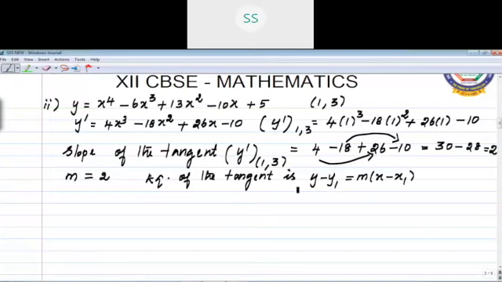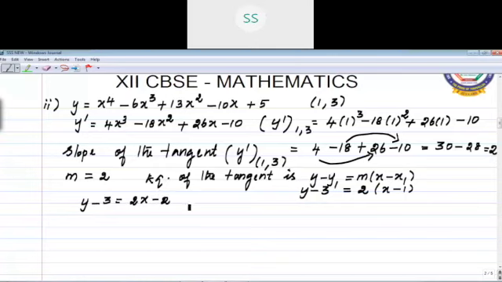Now you have to substitute, right? Y minus 3 equal to, your slope is 2, x minus 1. Now, next line. See here, y minus 3 equal to 2x minus 2.